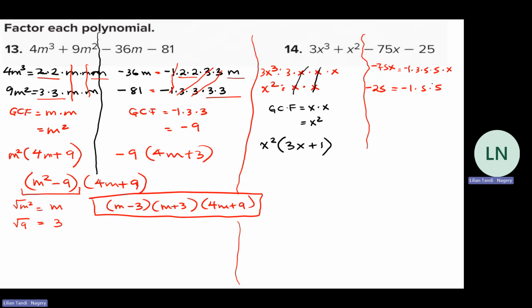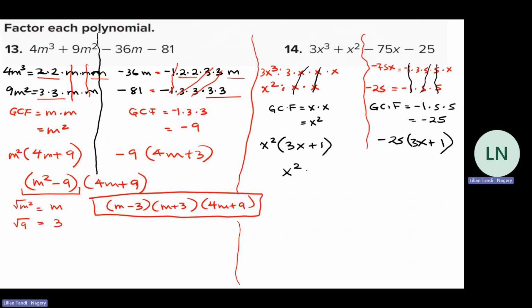Then we have here GCF 5, negative 1. So negative 1 times 5 times 5 is negative 25. So negative 25 times x plus 1. And there's a 3 there, 3x. So 3x, and nothing is remaining, x plus 1. My insides are the same, so I am good.